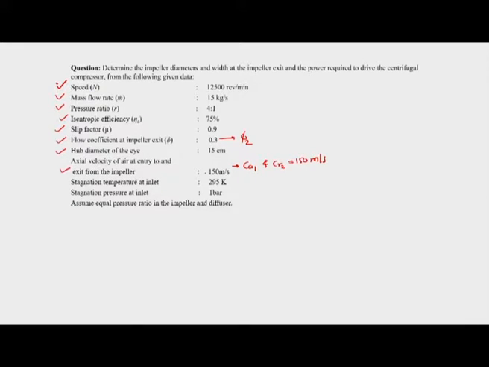Stagnation temperature at the inlet is 295 Kelvin, and stagnation pressure at the inlet is 1 bar.